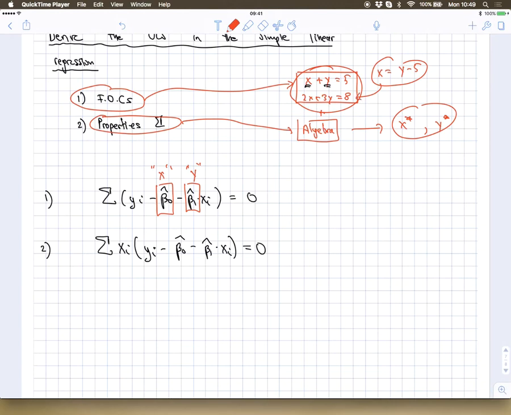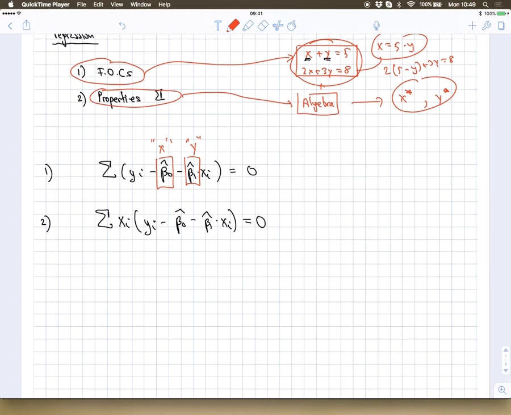So you say 2 times (5 minus y), plus 3y is equal to 8. And from that expression over there, you find the y. Okay?